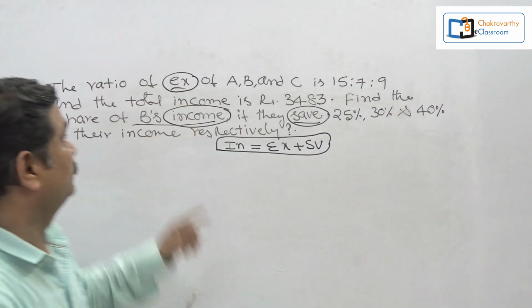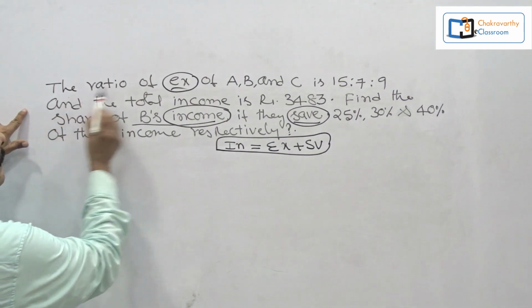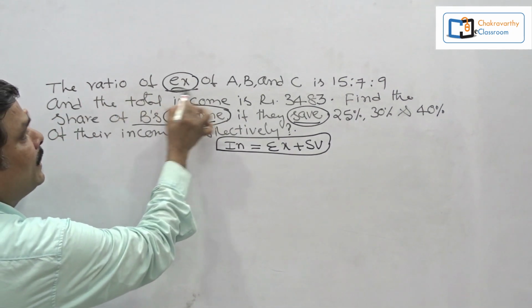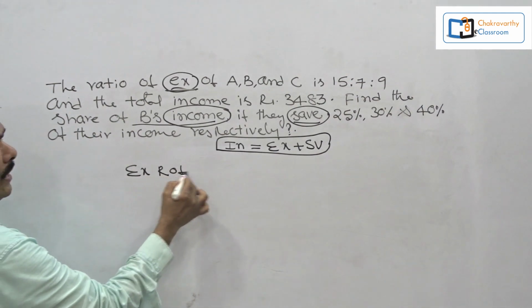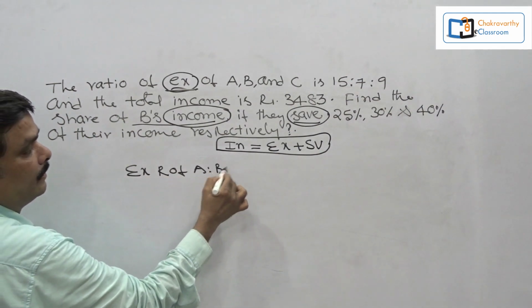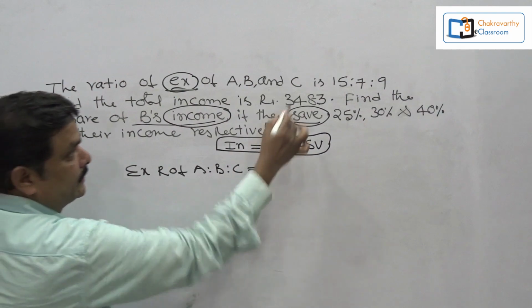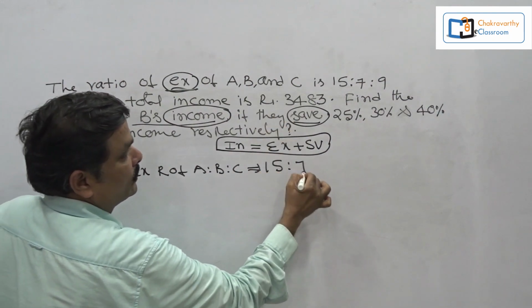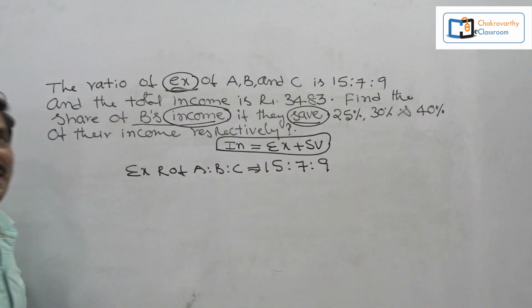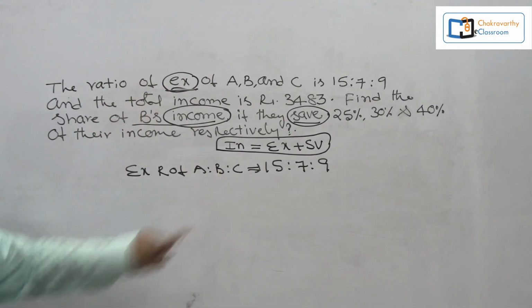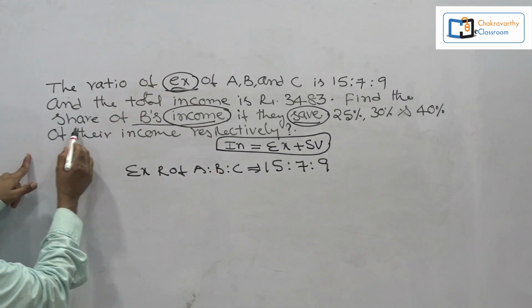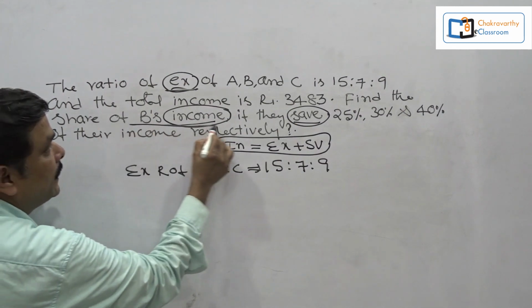Now here they have given the ratio of expenditure. Now you see, expenditure ratio of A, B, C they have given. Remember that is 15:7:9. The terms are important. They have given the expenditure ratio of A, B and C, but the question they are asking is B's income.